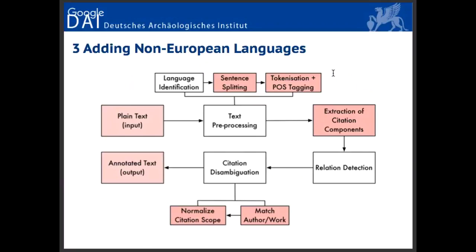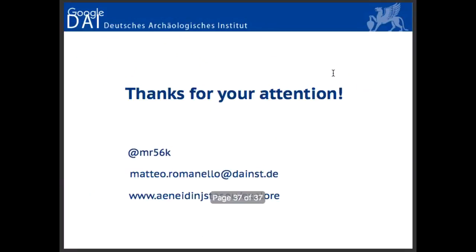You are likely to have problems with right-to-left text in the input and output. All these tools work with Unicode, but you never know if it's going to work also in your case. So expanding this to non-European languages is definitely desirable, but it's a bit more difficult. And that was it. Thank you.